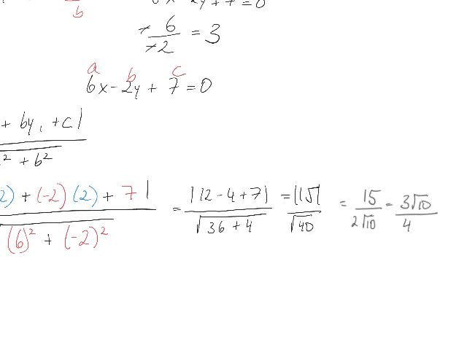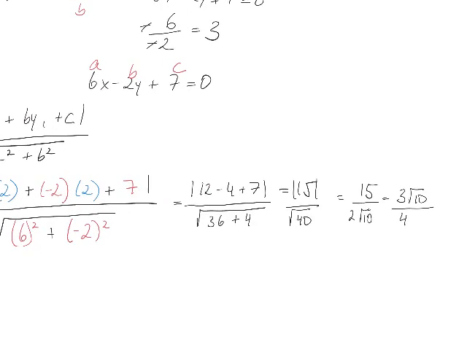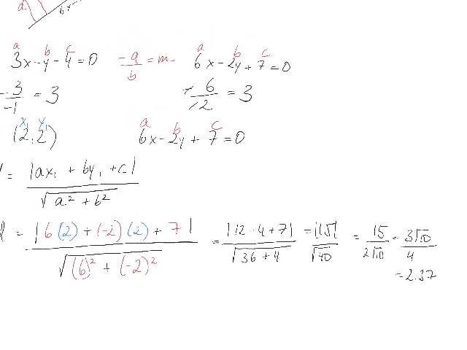But if you leave it as 15 over root 40 or 15 over 2 root 10, that's fine as well. So that is about 2.37 as a decimal.